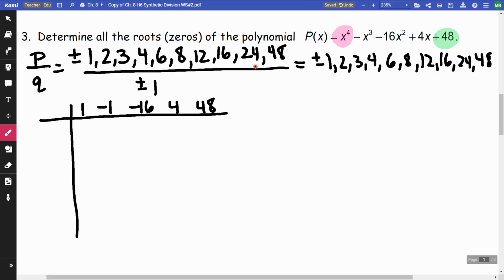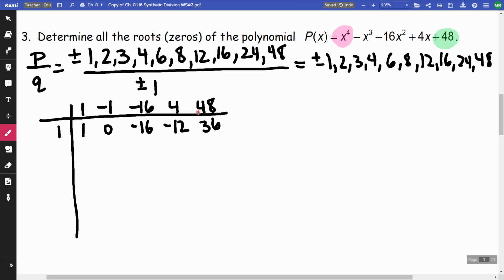I'm going to try 1, bring it down. 1 times 1 is 1, I add it, I get 0. 0 times 1 is 0, I add it, I get a -16. -16 times 1 is -16, I add it, I get -12. -12 times 1 is -12, I add it, I end up with a 36.